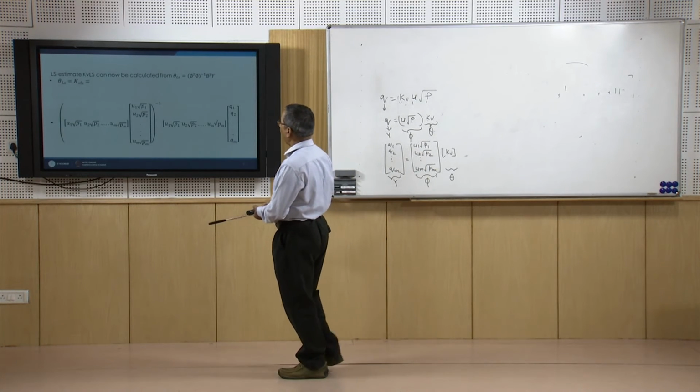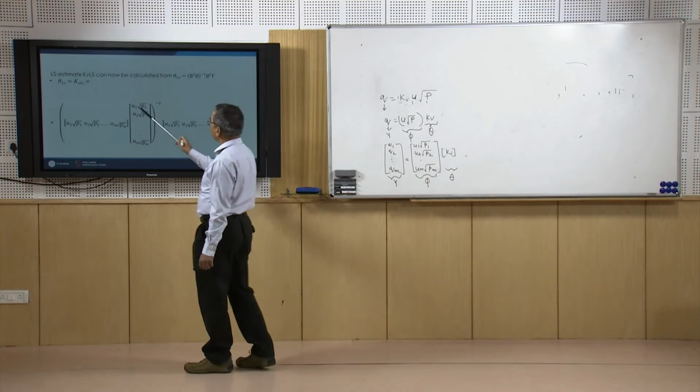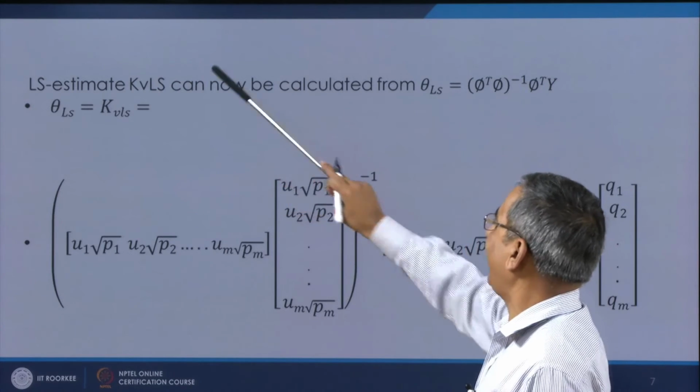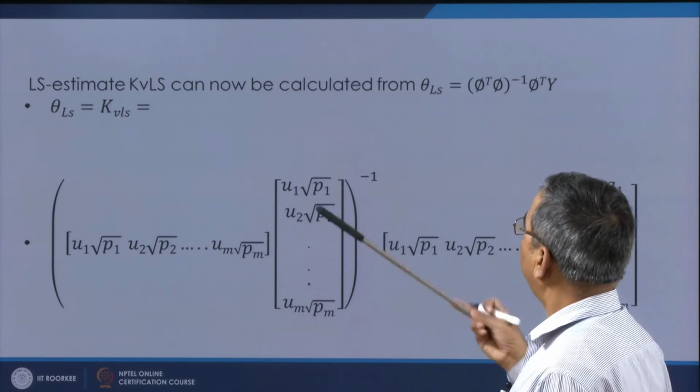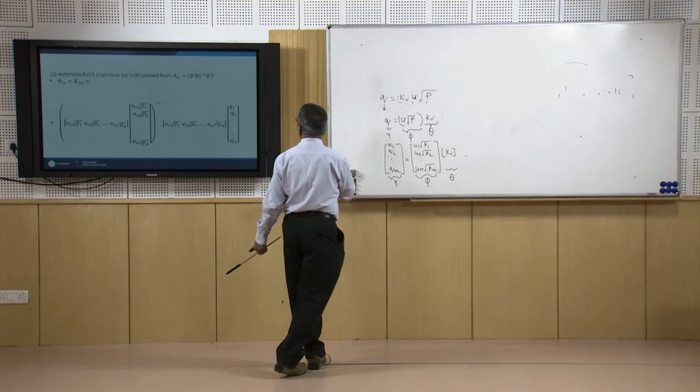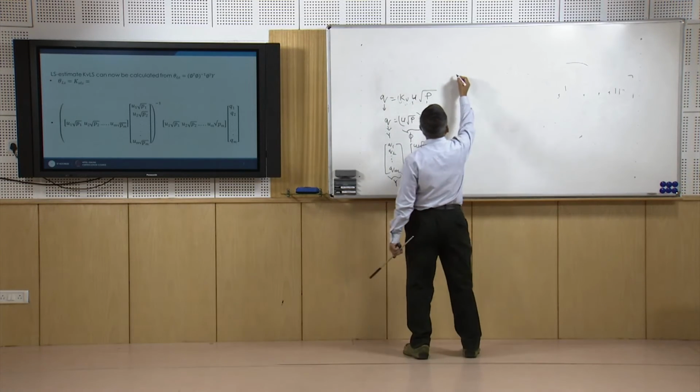Then the least square estimate of kV, that is kV least square, can be calculated using the standard value which we have evaluated.